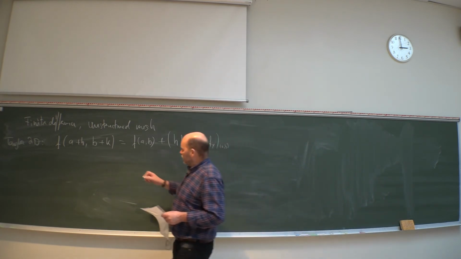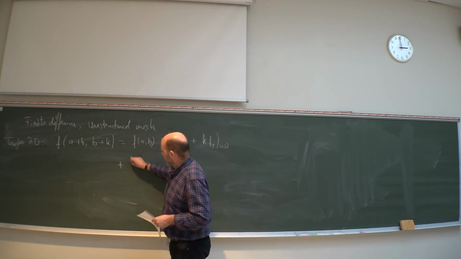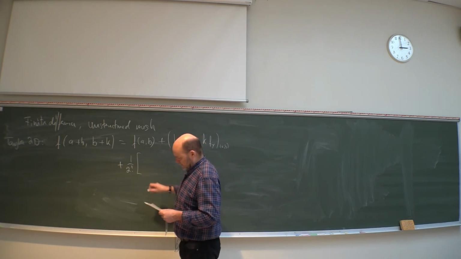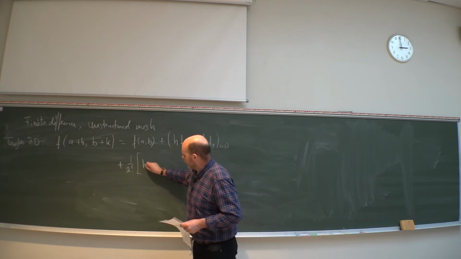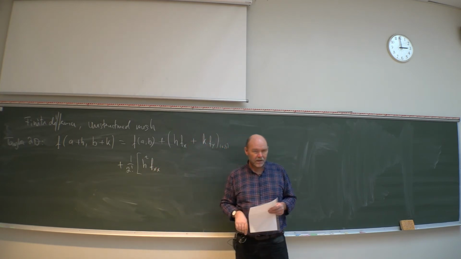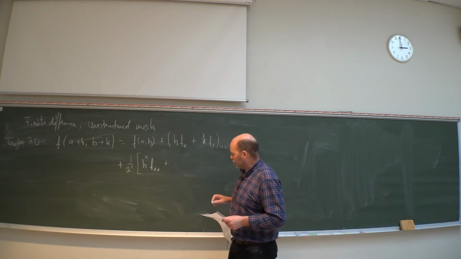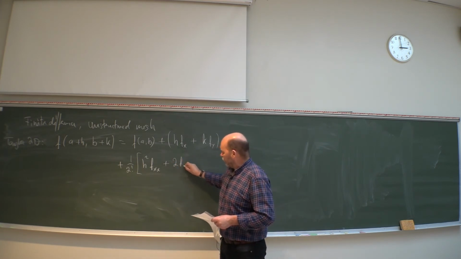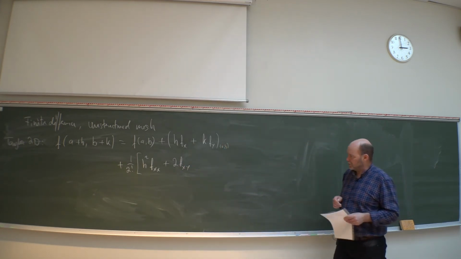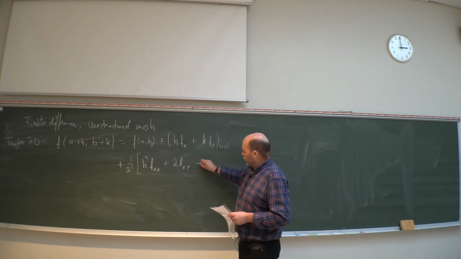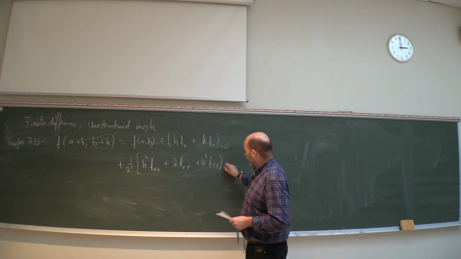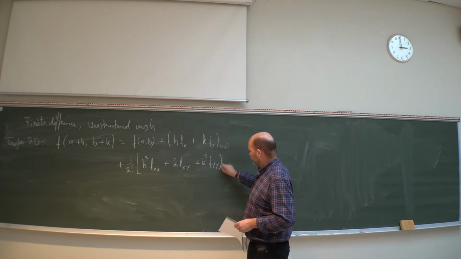And then you continue, second order term, 1 over 2 factorial, and then you will have something like this, h squared, f double derivative, and then something new. Now you will have mixed derivatives, 2 times f x y, so derivative with respect to x and derivative with respect to y, plus k squared f y y. Again, point a, b.